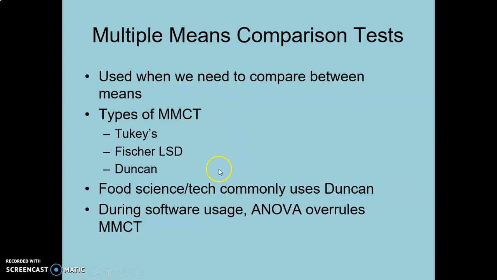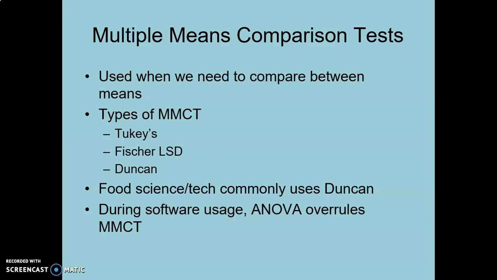As I mentioned just now, ANOVA only determines that there is at least one mean or one set of data that is significantly different from another set of data. That's all. But it does not determine which set of data is significantly different from which.